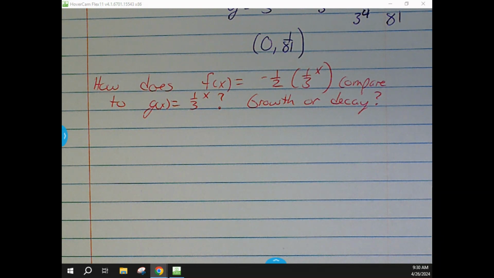Again, whether it's this one or this one should be the same. Is it growth or decay?